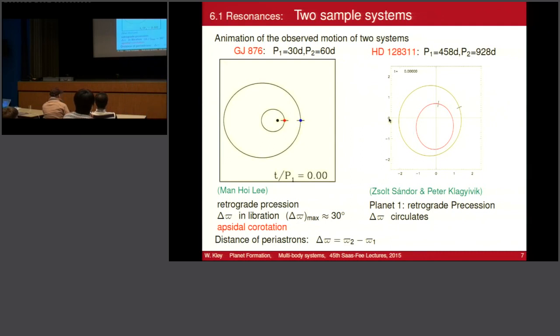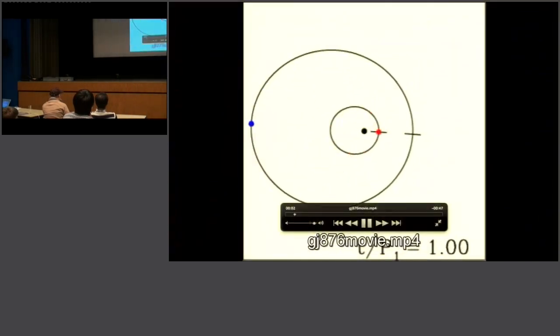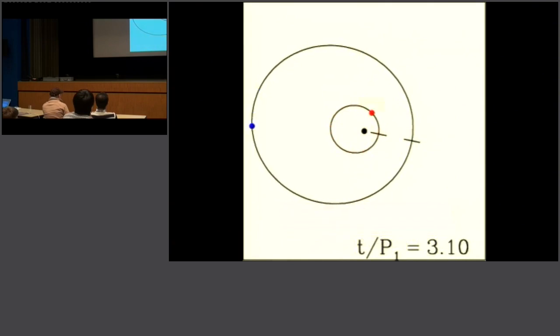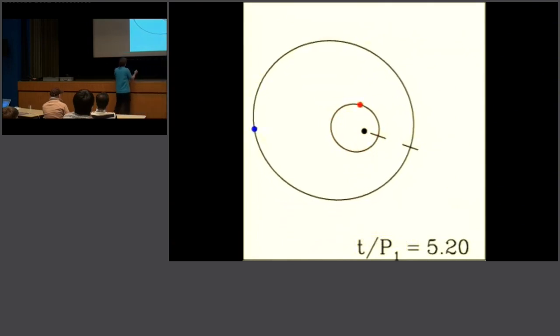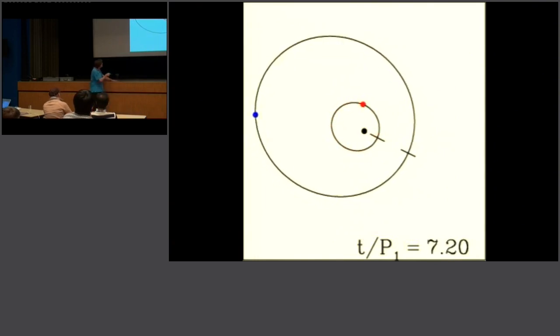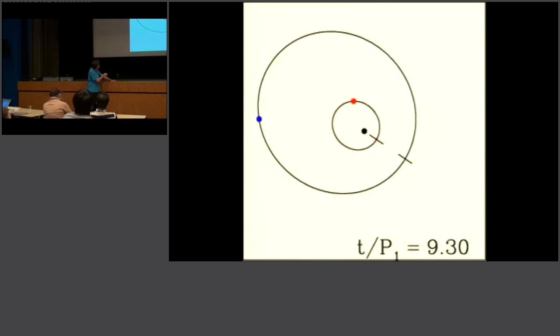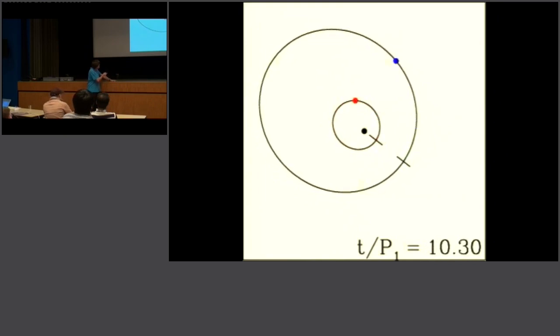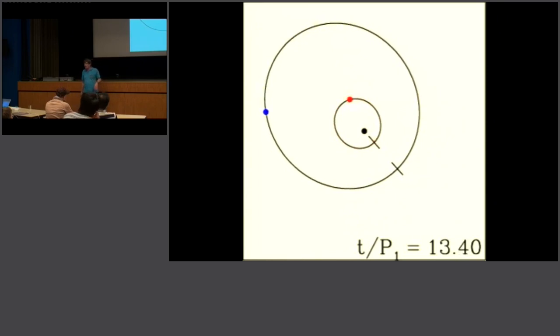And the point is they are in a very nice 2-to-1 resonance, and this is depicted here. You can see the inner planet moves exactly twice when they hit this line, and this is the apsidal line. So this is the periastron of the inner planet, periastron of the outer planet, and they are both here, and the blue one makes 1 orbit and the other one makes 2. So this is the orbital configuration of GJ876.